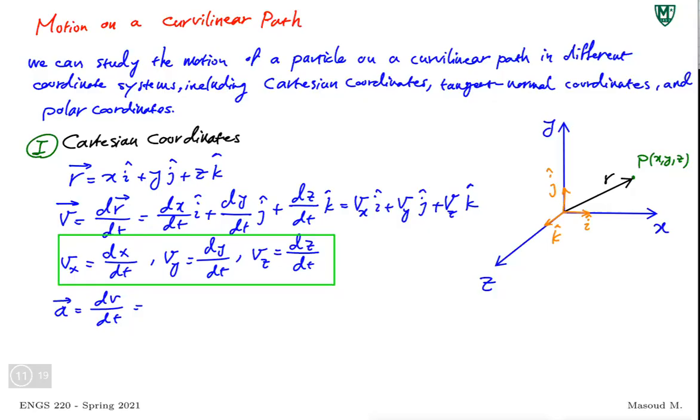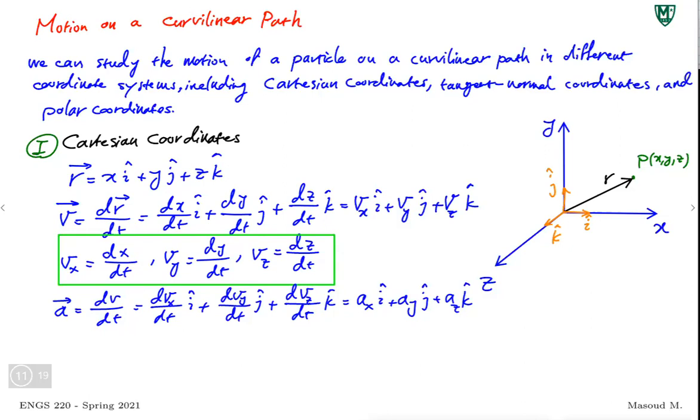What you're going to end up having is just dvx/dt in the i direction, dvx/dt i plus dvy/dt j plus dvz/dt k, which again you can just represent as ax i, ay j plus az k.